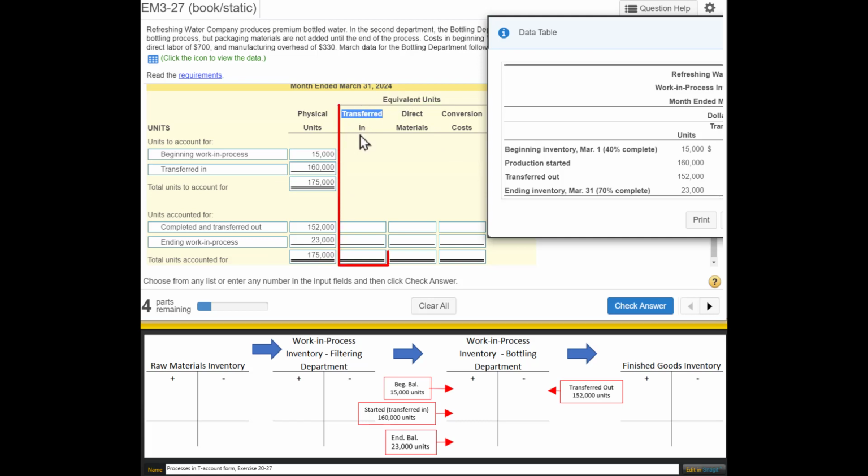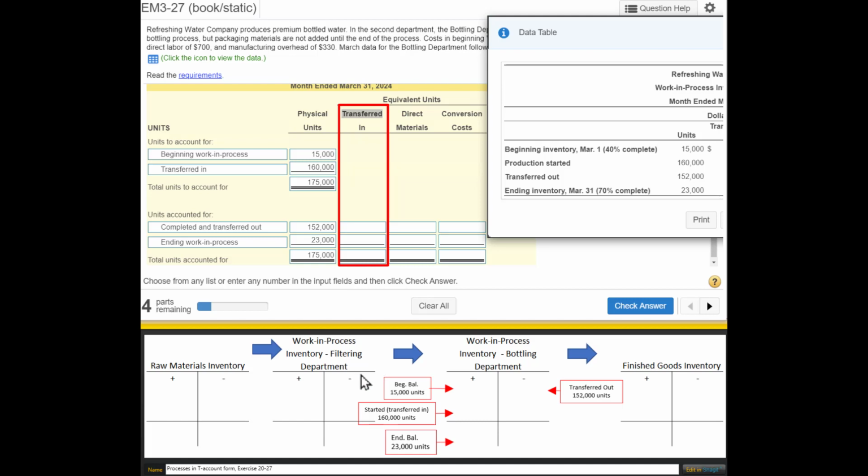We're going to start with just this column, transferred in units. These transferred in units are units that were finished in the filtering department and were transferred into the bottling department. So we had to figure out what percentage of their costs are going to go from the filtering department to the bottling department. Well, it's 100% of those costs. The costs are not going to magically go away when we transfer from one department to another.